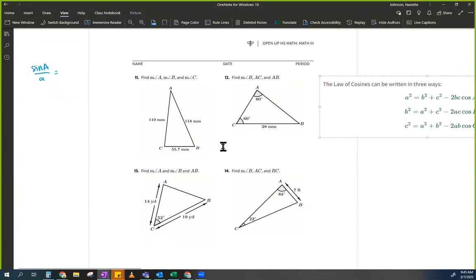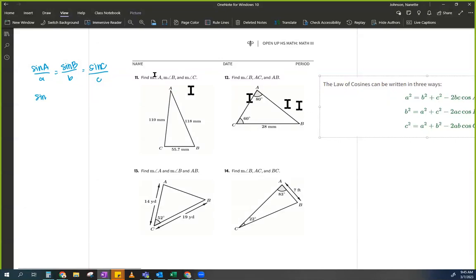I plug everybody in: sine A equals sine B equals sine C, and a is 55.7 millimeters, b is 110 millimeters, and c is 118 millimeters.